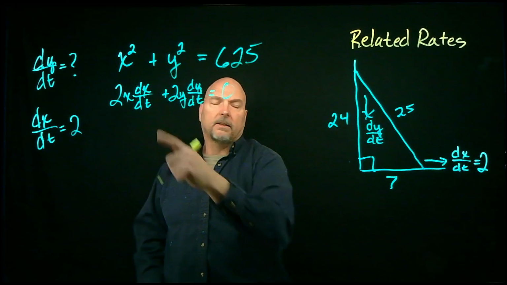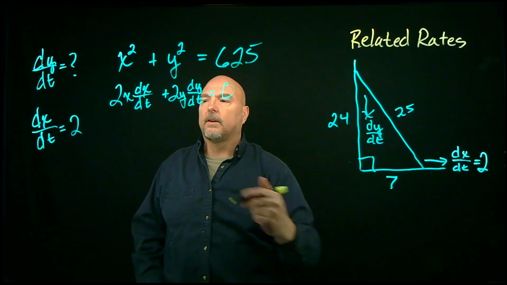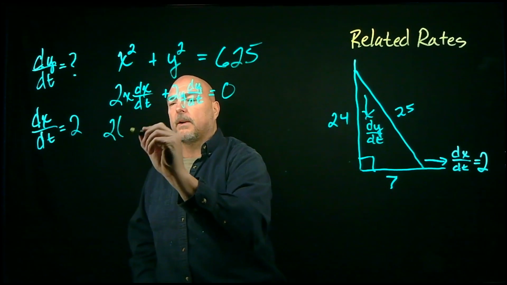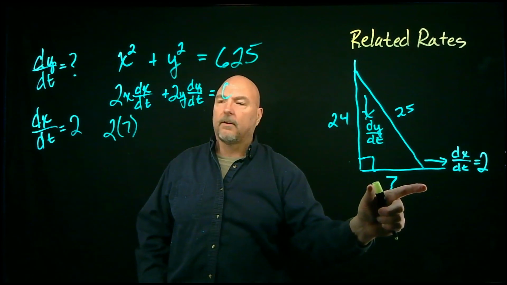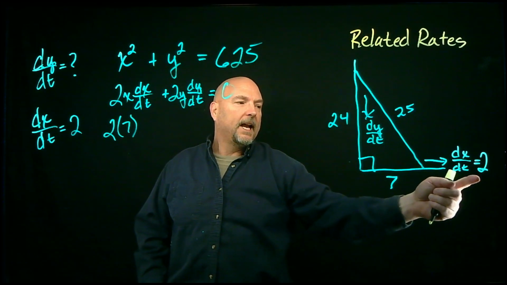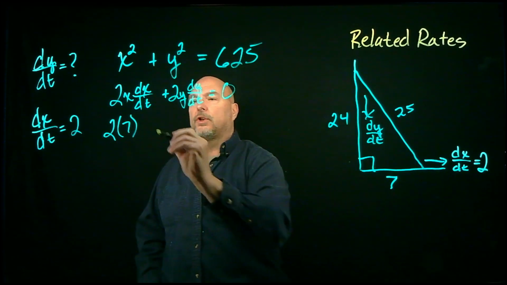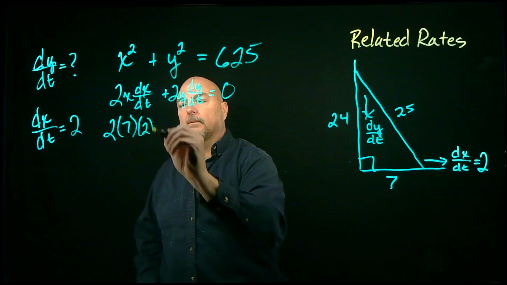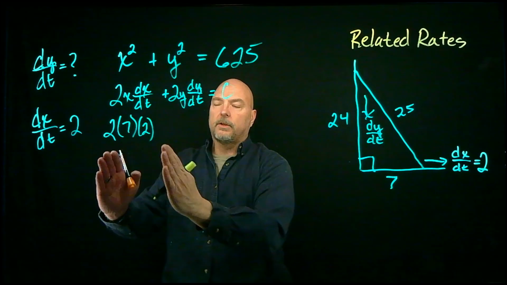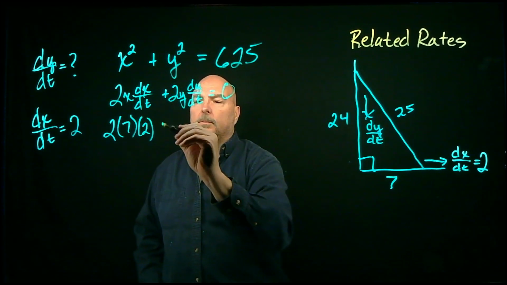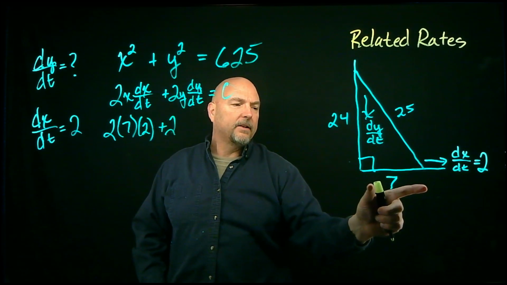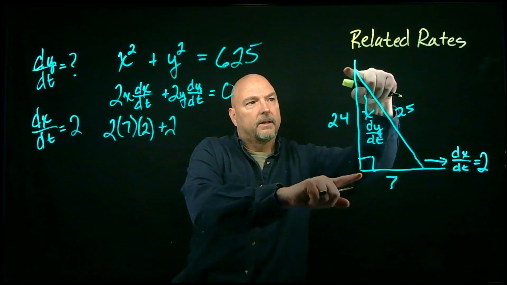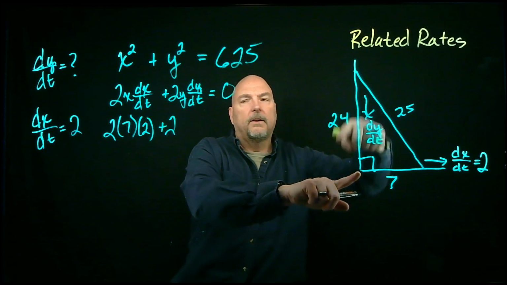So 2x. The instant that the base of the ladder is 7 feet from this wall, and it's being pulled away at a rate of 2 feet per second, so I'm going to write 2 times 7 times 2. So substitution's okay on this one. Plus 2, all right, the instant the base of the ladder is 7 feet from the wall, the top of the ladder is 24 feet from the ground.